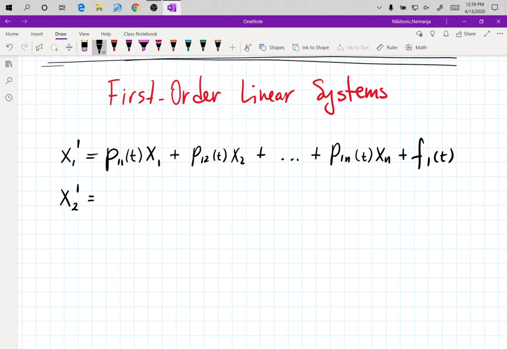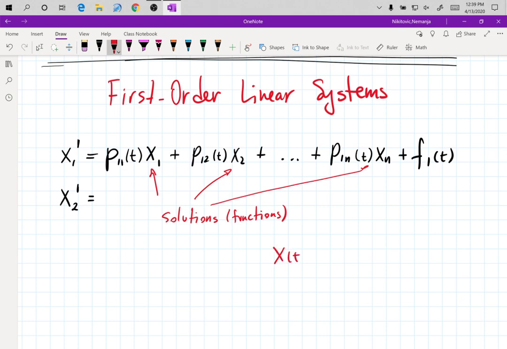Now, before I start writing this, these are your different solutions. Functions like x of t, y of t, z of t, but because we are going to have whatever amount of them, it's better if we just call them x1, x2, x3. Those are the solutions that we used to call just x and y of t.